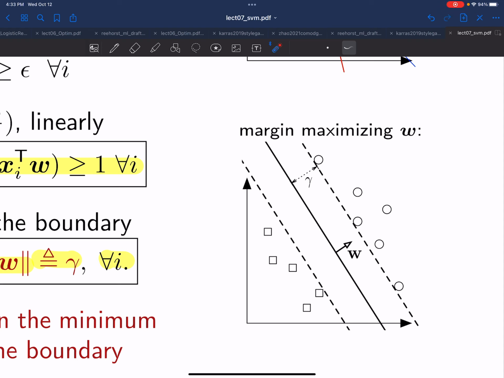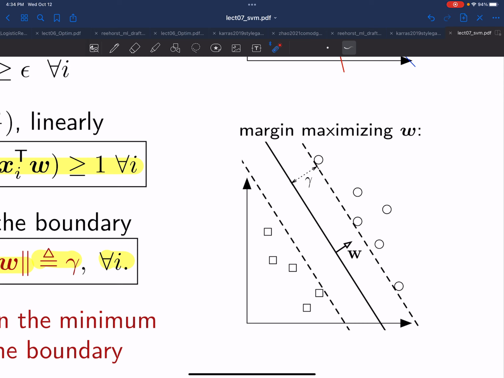We could tolerate test samples that are a little bit different than the training, but they wouldn't get misclassified. So this kind of robustness is how we get the idea of the support vector machine. It is a classifier based on finding the maximum margin, choosing the boundary so that this distance is maximum.